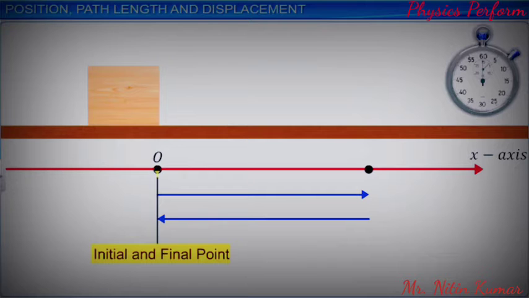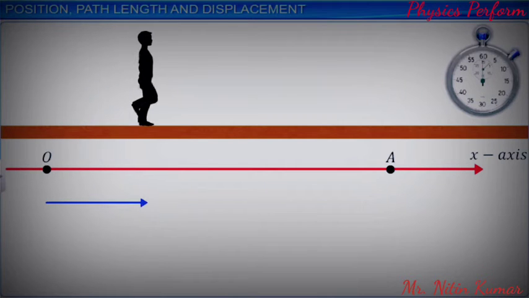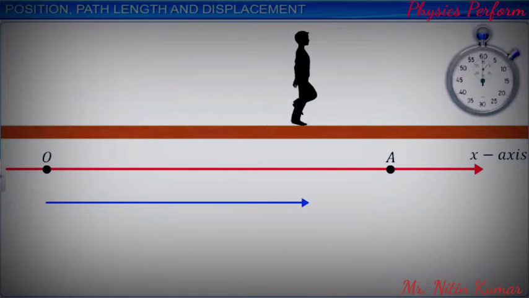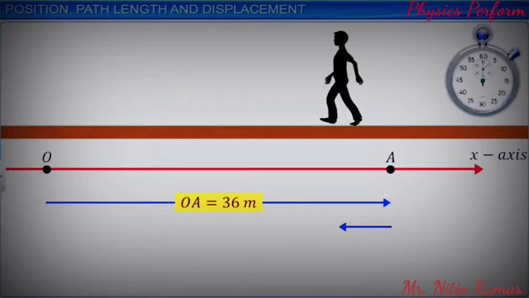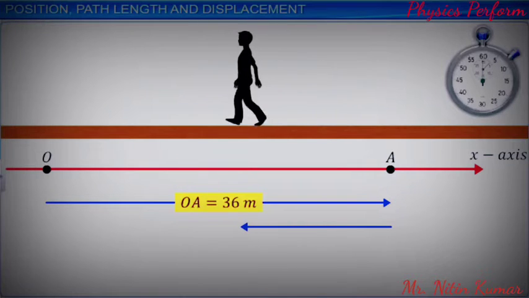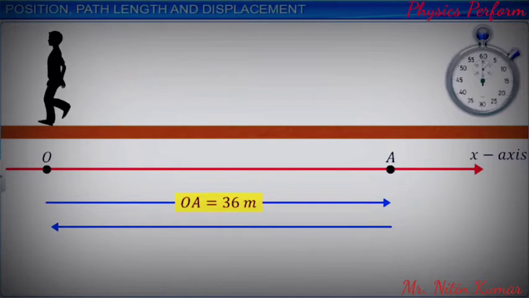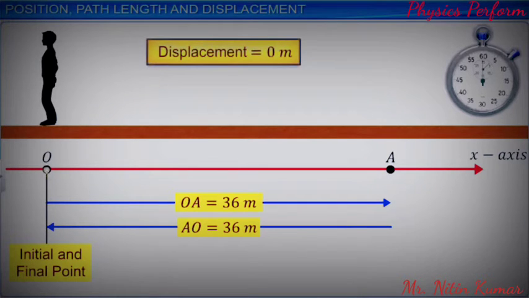For example, the man starts from O, goes to A, and comes back to O. The final and initial position of the man being the same, his displacement is 0. However, the path length of his journey is 72 meters.